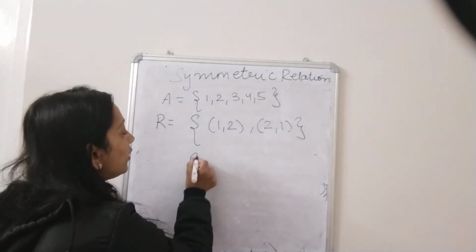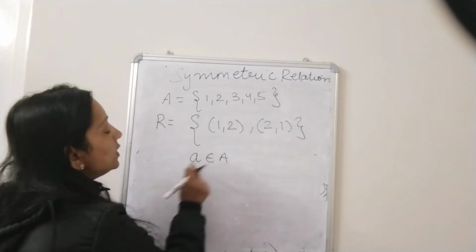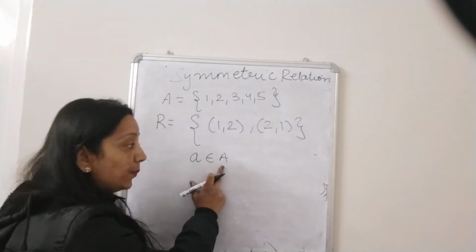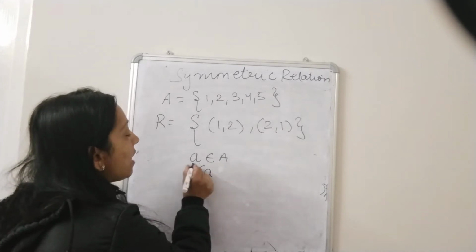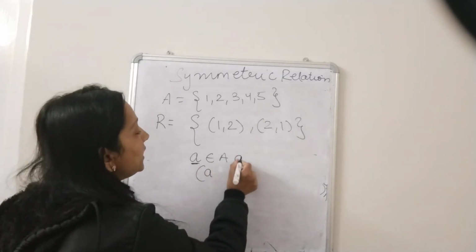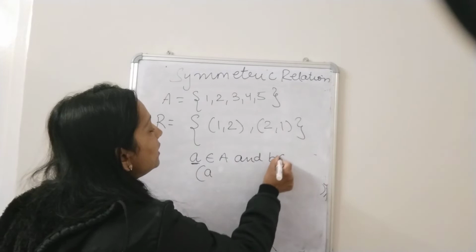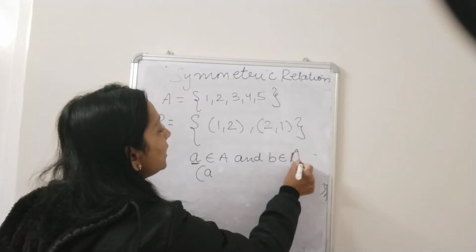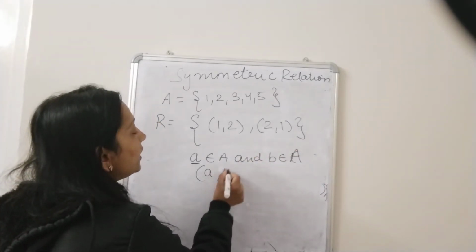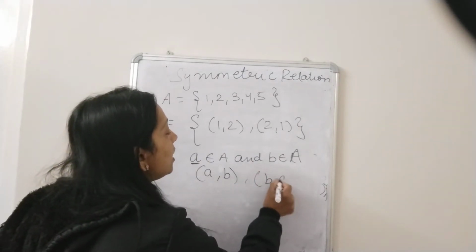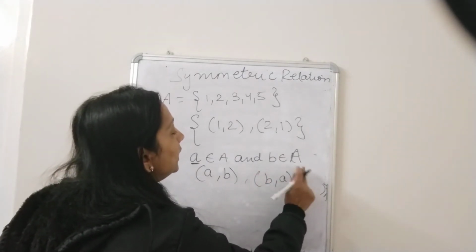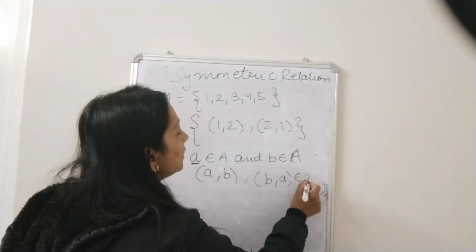Or I can say that for every element a that belongs to set A and every element b that belongs to set A, if the ordered pair (a, b) exists, then the ordered pair (b, a) must also exist in the relationship set R.